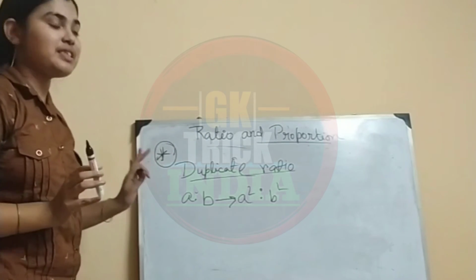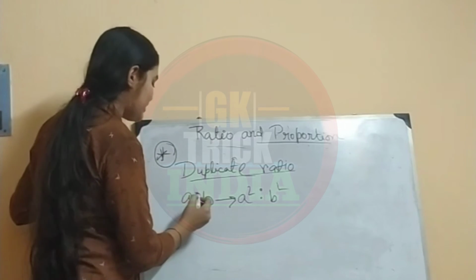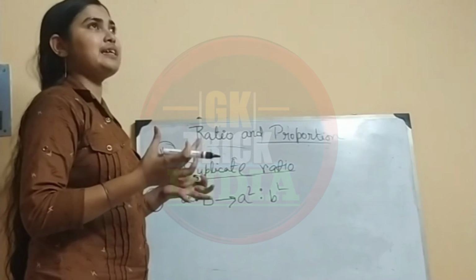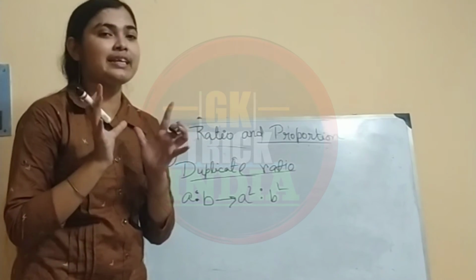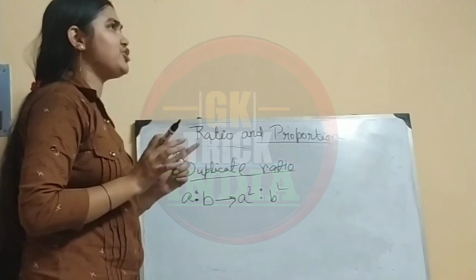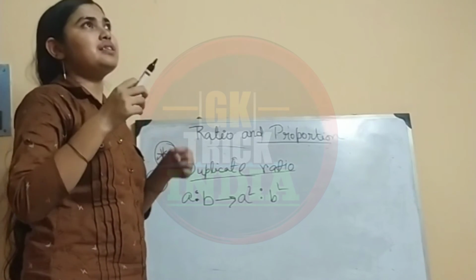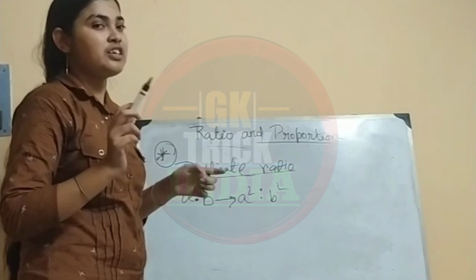Why do we have to remember this? Because it may occur in the exam hall that the question is given as: the duplicate ratio of what is 9:16. Then we just take 1 second to think that, oh, duplicate ratio, that means A square is to B square. So 9:16 is the duplicate ratio of 3:4.